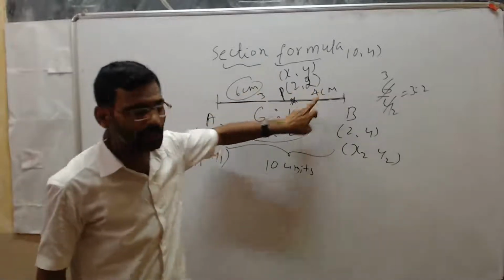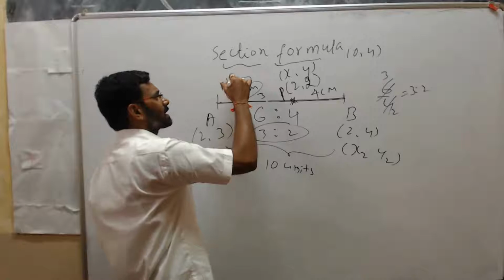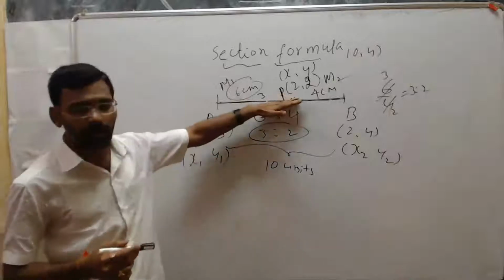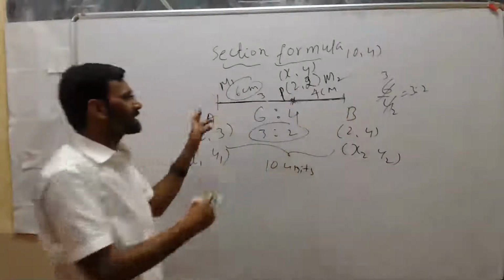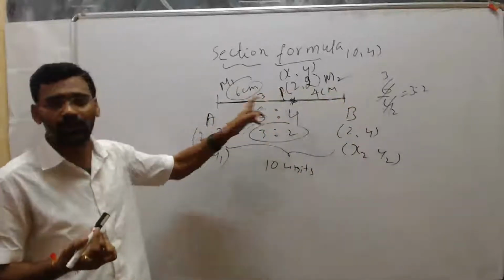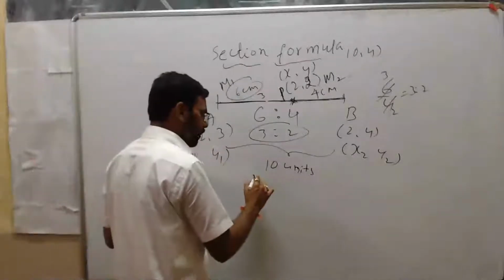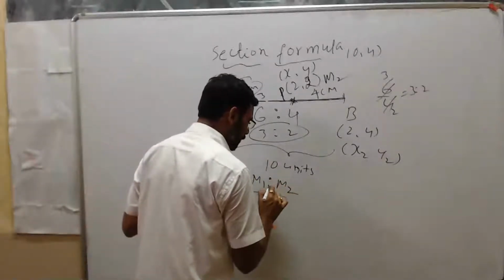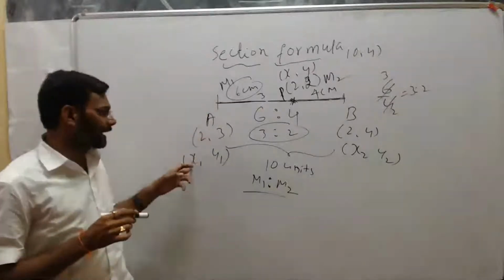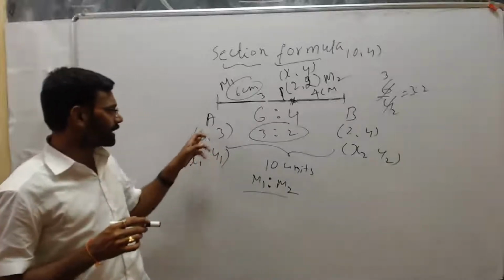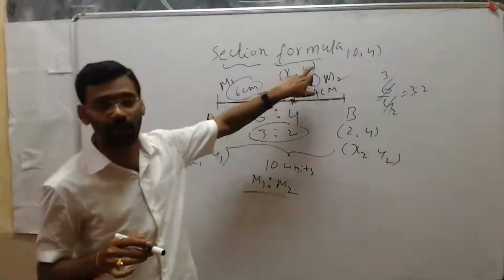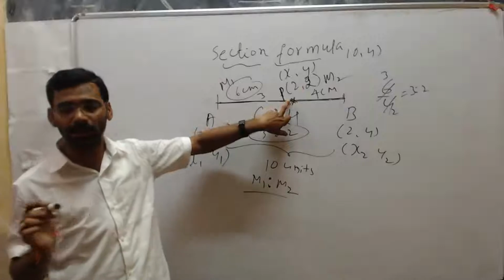Therefore the first part is considered as M1, the second part is considered as M2. In what ratio will the P point divide the AB line segment? M1 is to M2. If the coordinates of A are x1 y1, of B are x2 y2, and of P are x comma y, this P point will divide the line segment in 2 parts.